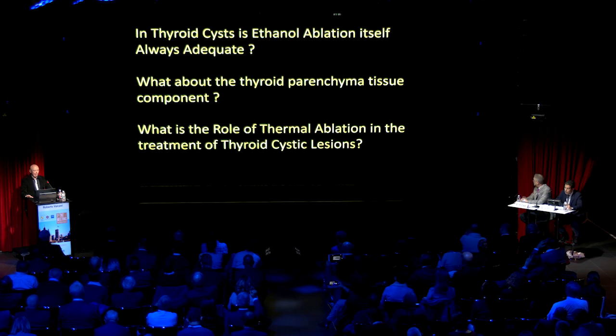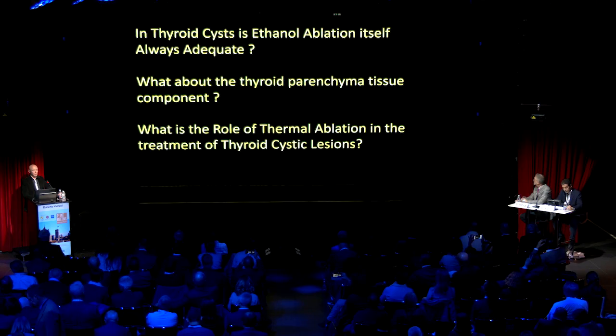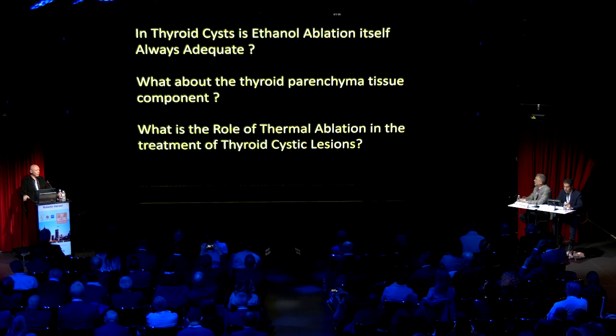So the question now is, in thyroid cysts, is ethanol ablation itself always adequate? And what about the thyroid parenchyma tissue component? What is the role of thermal ablation in the treatment of thyroid cystic lesions?